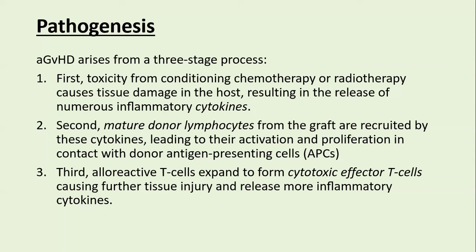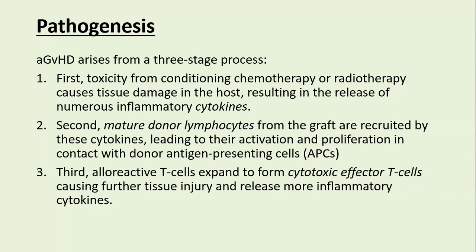Pathogenesis. Acute graft versus host disease arises as a result of a three-stage process. Stage 1 is the toxicity from conditioning chemotherapy or radiotherapy, which occurs before the HSCT.